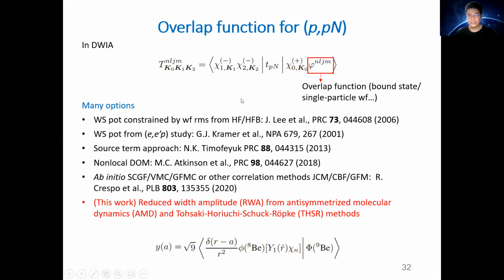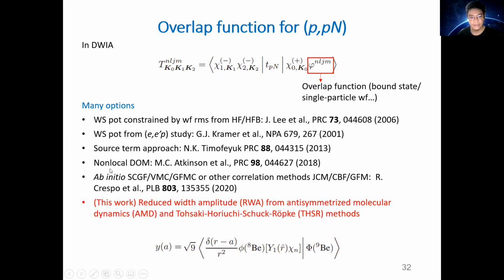There are actually many options to calculate these overlap functions. The first is using Woods-Saxon potentials constrained by Hartree-Fock calculation, which is the one I used in the first part of the studies. Then you can use the Woods-Saxon obtained by an EBRM study, or a systematic approach.